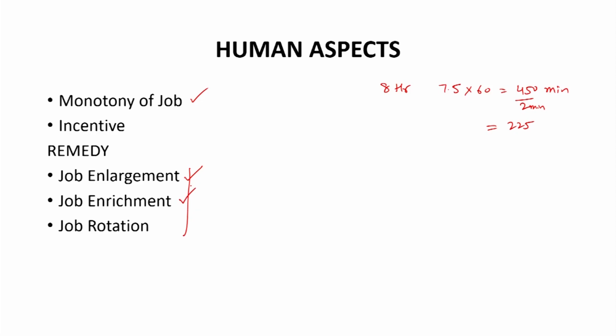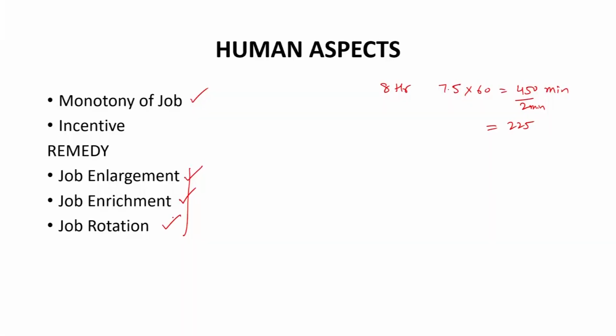Job enrichment means along with doing the physical task of assembly, we are engaging him in some creative activities also. Maybe we are having some quality circles or empowering the employees with the help of quality circles and such kinds of approaches. So, he is not feeling bored, he has something where he can apply his gray cells also, not only the limbs.